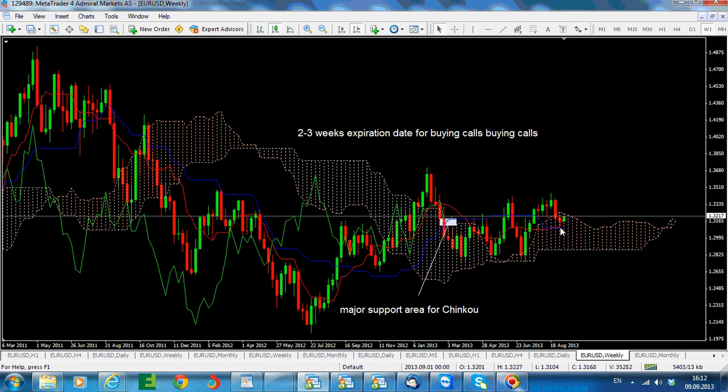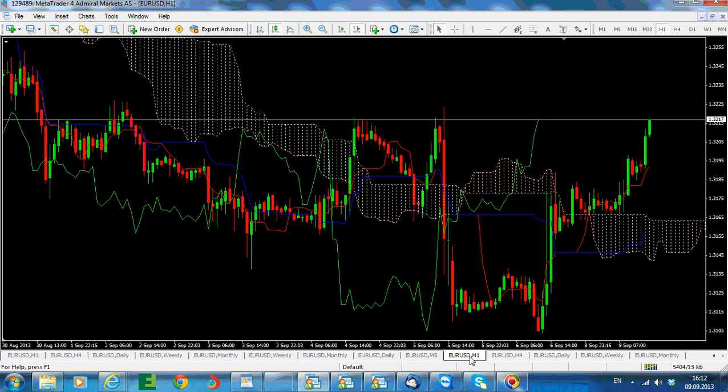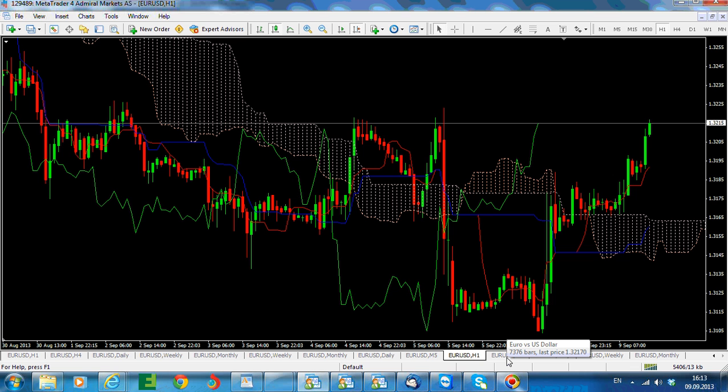You go quickly, you identify that spot, you go quickly on the 5-minute chart or on the 1-hour chart, you identify the place, and you just go and buy calls for a shorter expiration date, like end of day or maybe a couple of hours or something like that. Now, the higher the time frame, the more important the support and resistance area, and this can be treated with end of day or even end of week expiration, like mentioned.